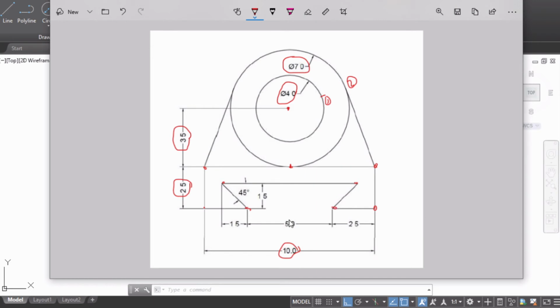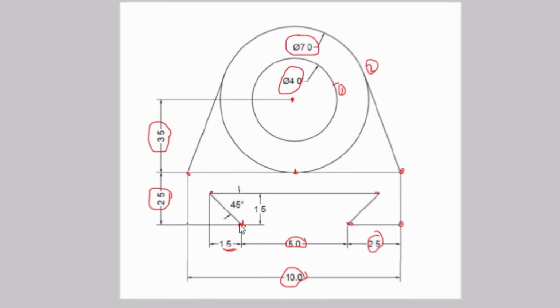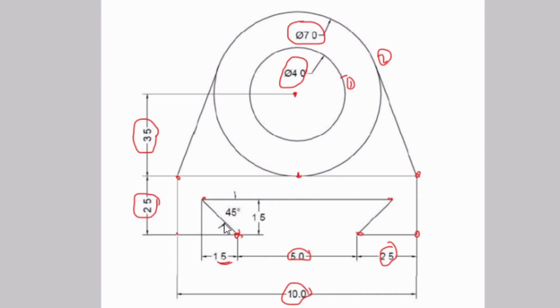The thing that I am going to show you is maybe one among many methods that you can follow. Here you can see there is a dimension 50 here, and a 25 on this side and a 50 on this side. Okay, so here I just want to snap this point where we have an inclined line like this. So let me imagine a center line here. So we are sure that this distance up from the center line up to this point will be 25.